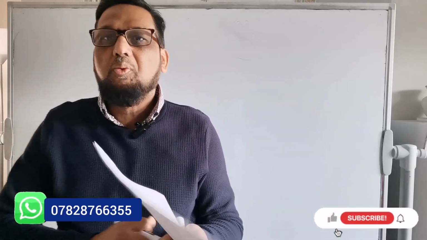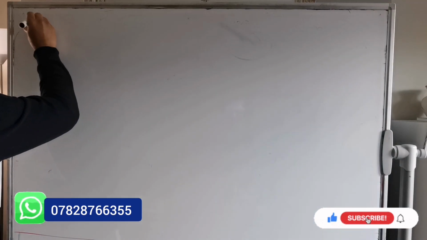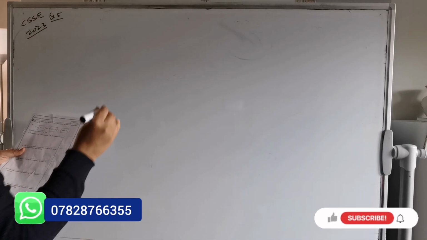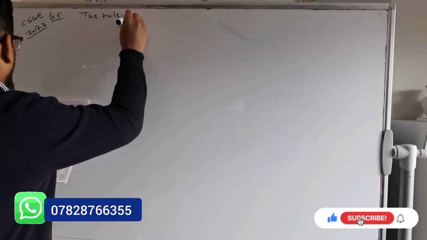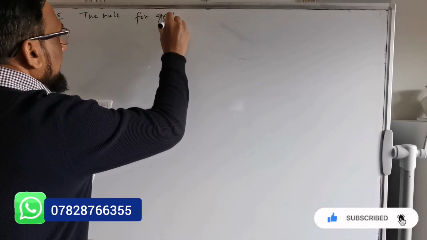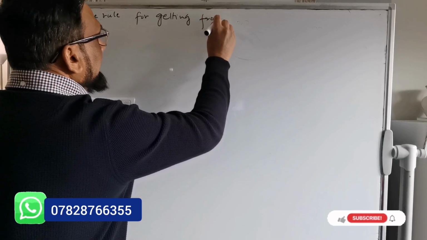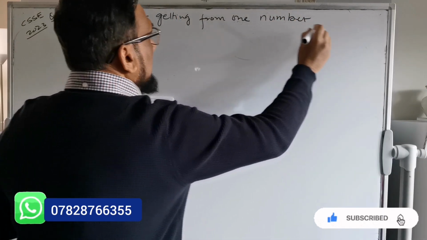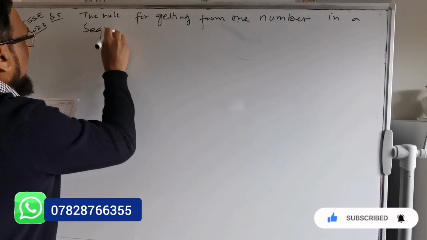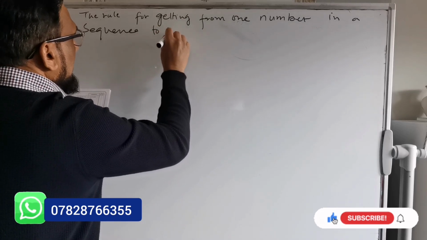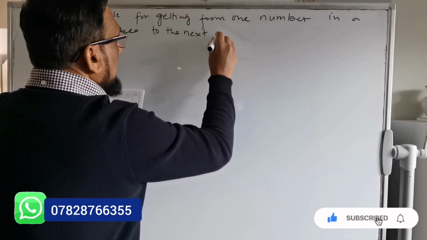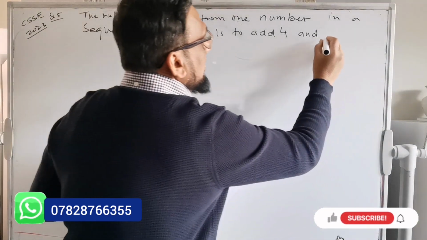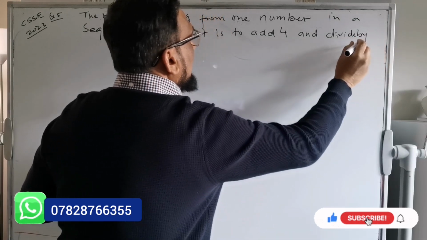Question number 5, CSSE 2023. They say the rule for getting from one number in a sequence to the next is to add 4 and divide by 2.